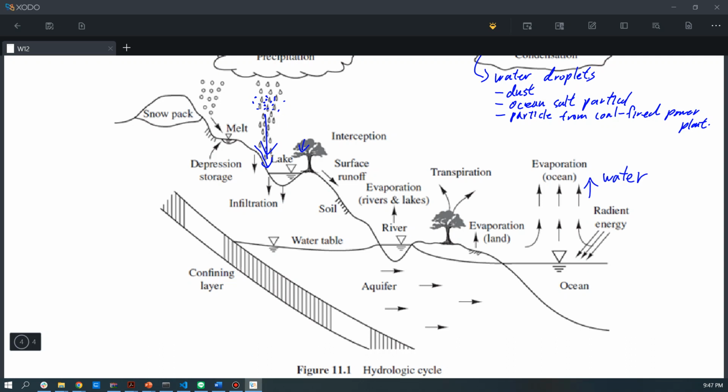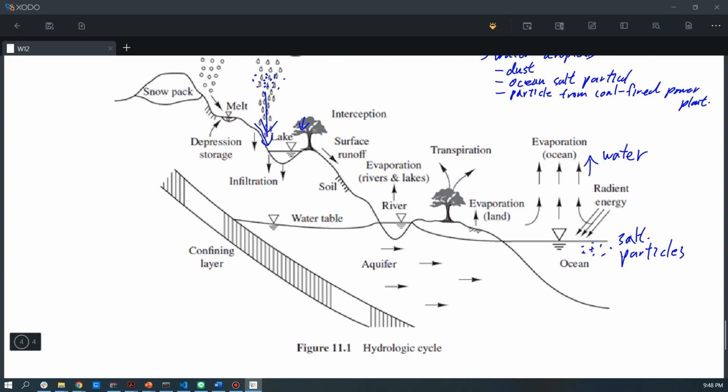That means all the particles, all the salt, and other pollution particles will be left behind. So if that happened in a pond or a lake, then the concentration will just become higher as more water is evaporated.